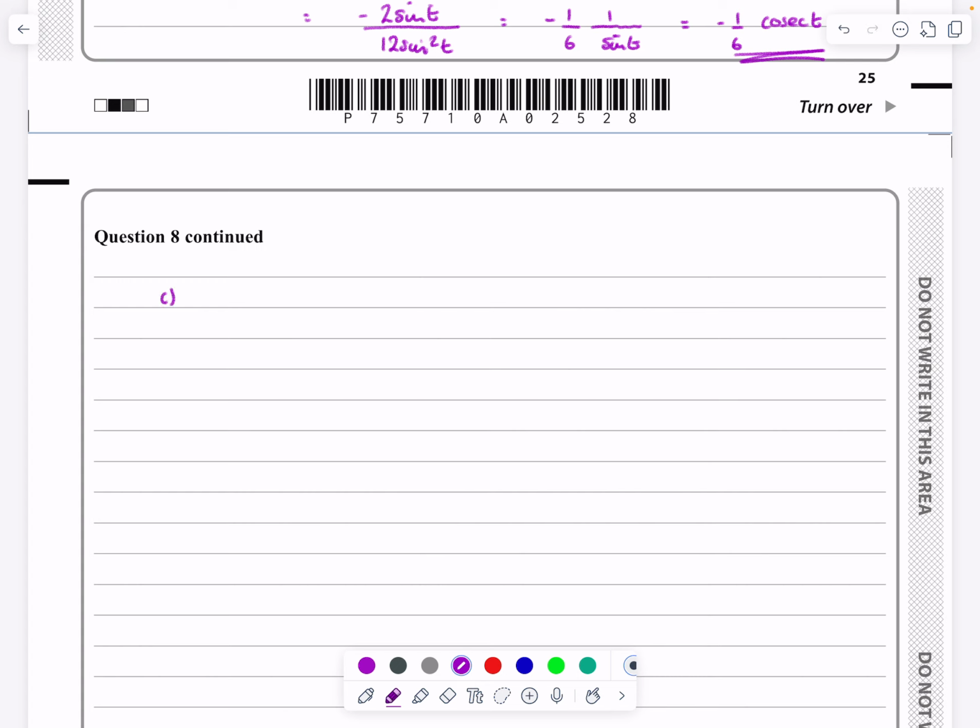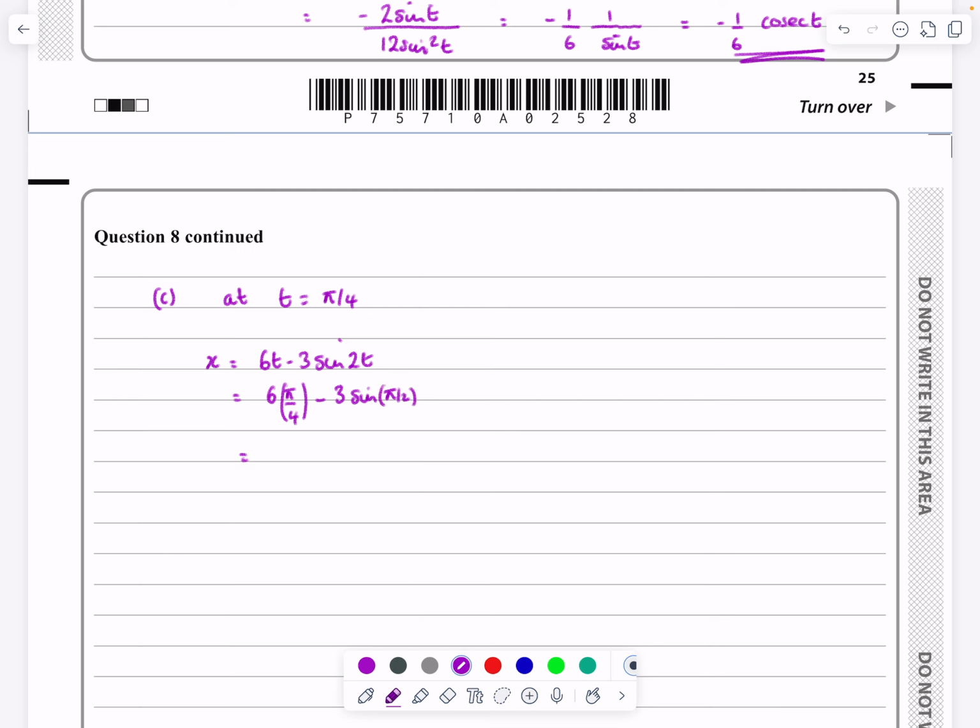So for part C, at t equals pi over 4, that was what they told me. Let's work out the x and y coordinates. x is 6t minus 3 sine 2t. Putting pi over 4 in there, I get 6 lots of pi over 4 minus 3 lots of sine of 2 times pi over 4, which is pi over 2.